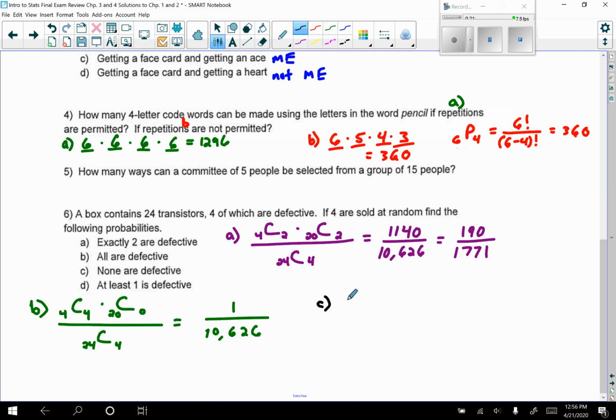All right, for part C, the probability that none are defective means that all of them are coming from the parts that are not defective. So in this case, we're not picking any from the defective, so there should be a 4 choose 0, times, from the 20, we're getting all 4, over the 24 choose 4. In simplified form, this turns out to be 1615 over 3542.